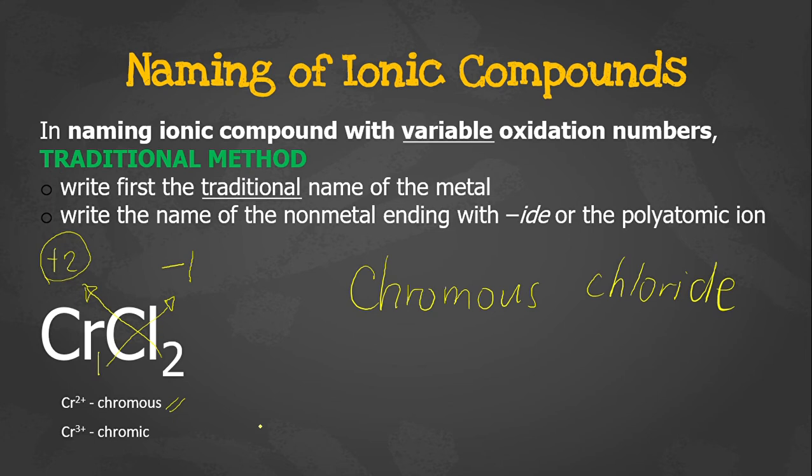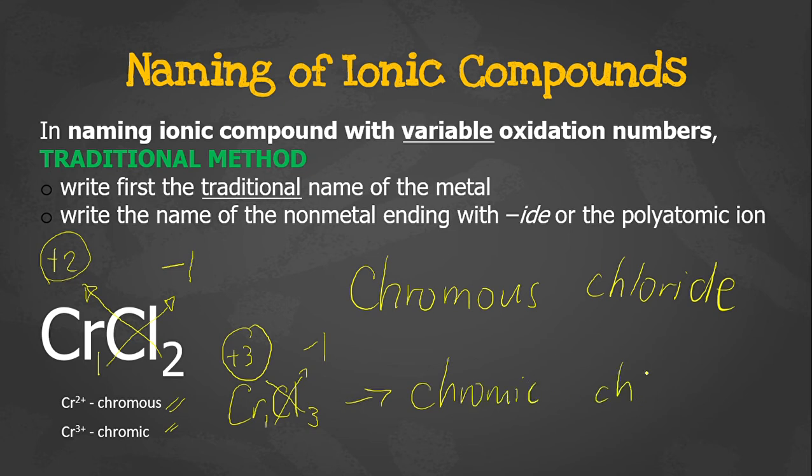Now, let's say for example, what was given to you is CrCl3. What about that one? How do you do that? Again, when you crisscross it, this becomes positive 3 and chlorine becomes negative 1. So, because chromium is positive 3, it will be chromic. So, the name of this one will be chromic chloride.